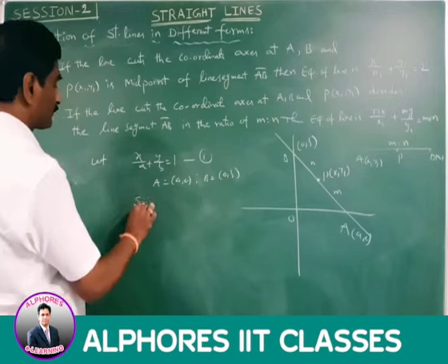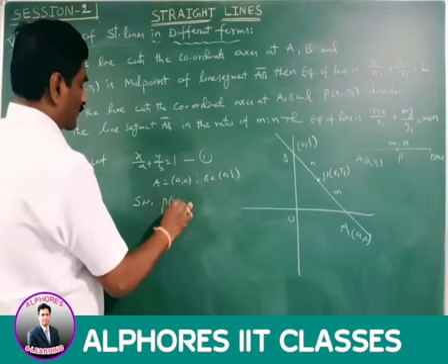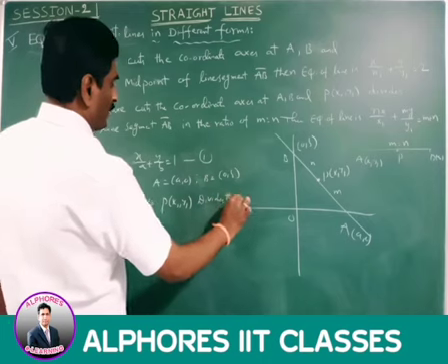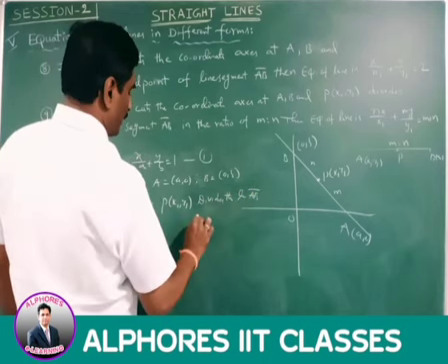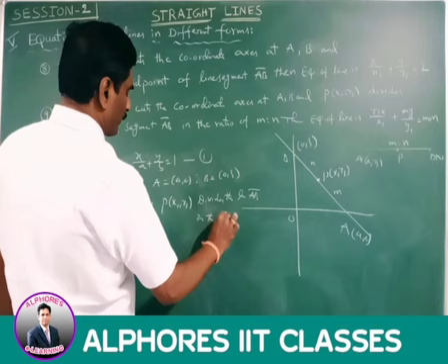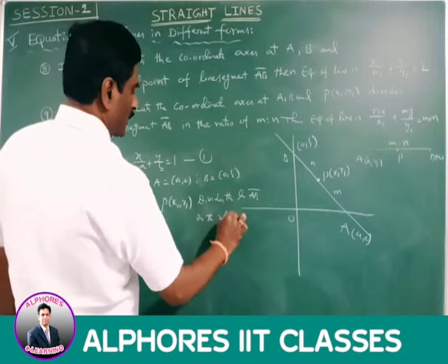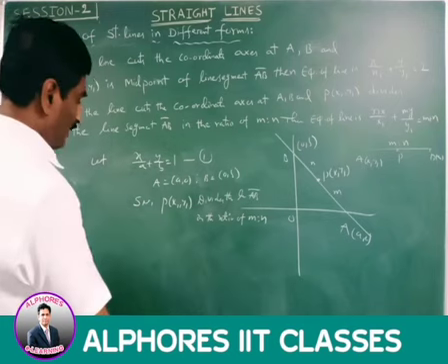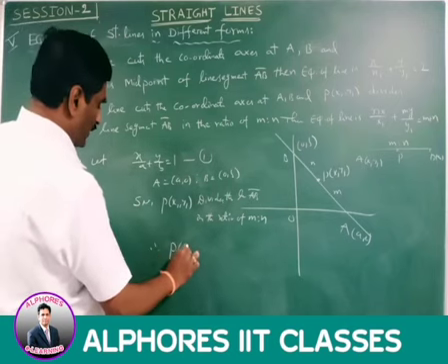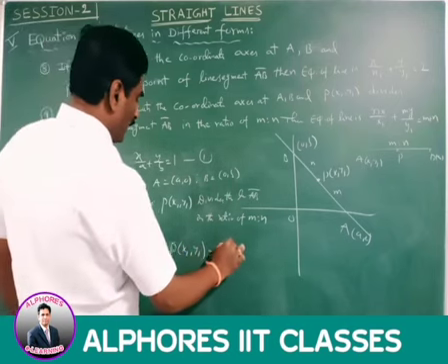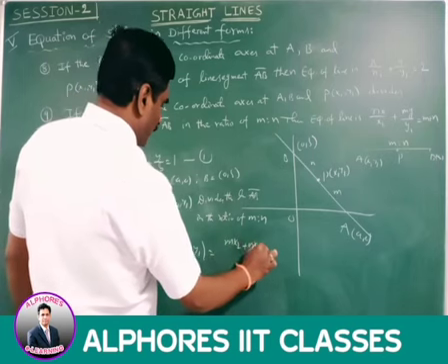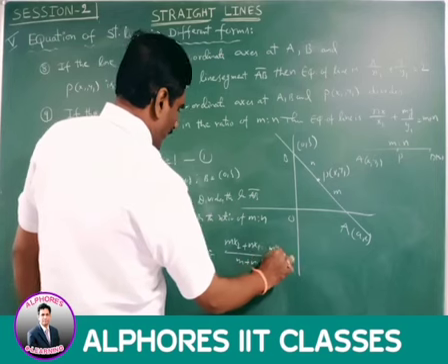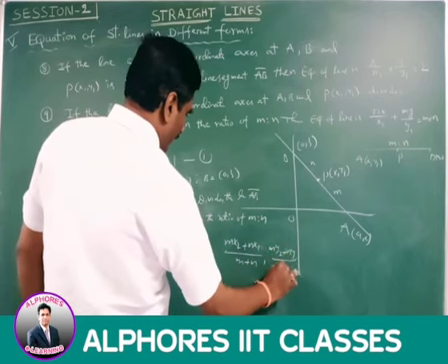Since P(x1, y1) divides the line segment AB in the ratio m:n, P(x1, y1) is equal to, what is the formula? ((mx2 + nx1)/(m + n), (my2 + ny1)/(m + n)).